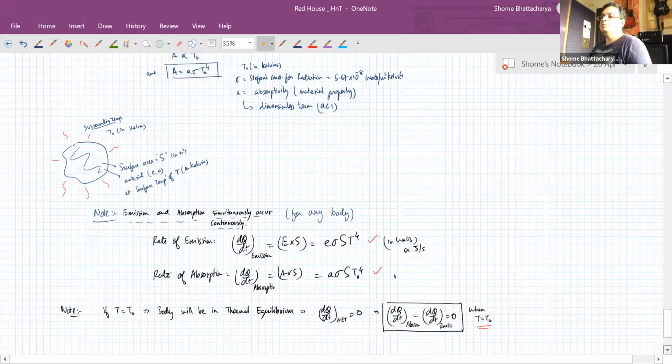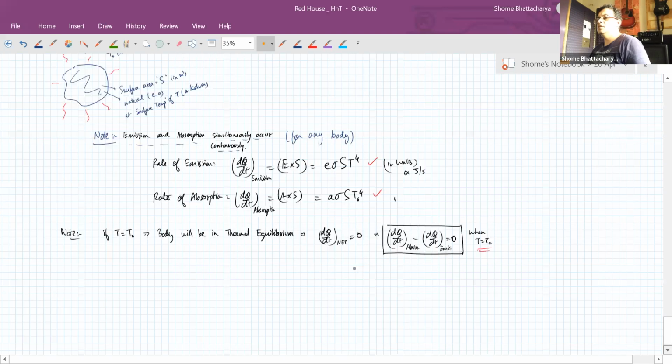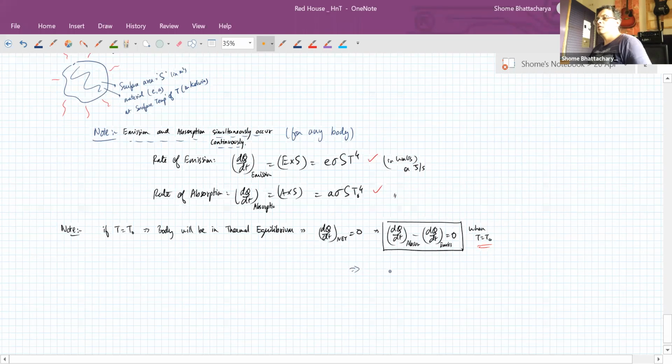Okay, so now when we put this further, we can see that on the left hand side we have absorption. So absorptivity into Stefan's constant into surface area into temperature of the surrounding to the power 4.